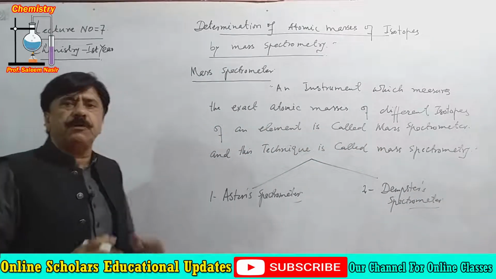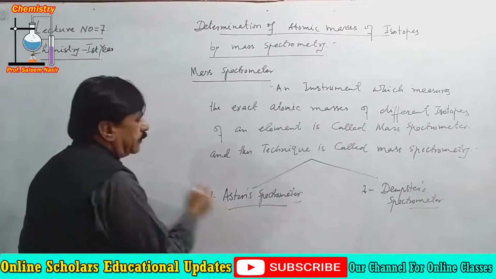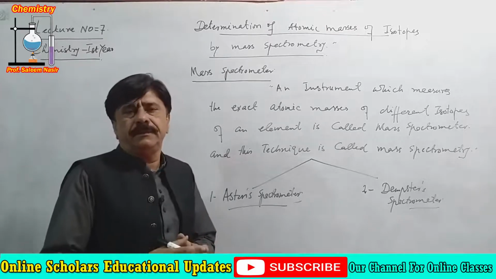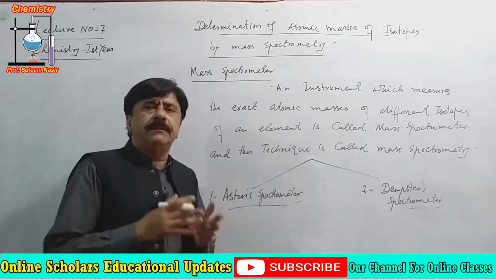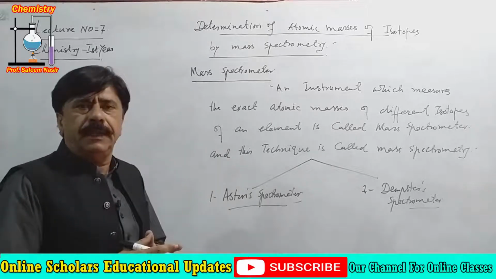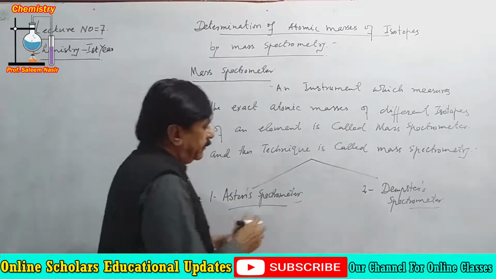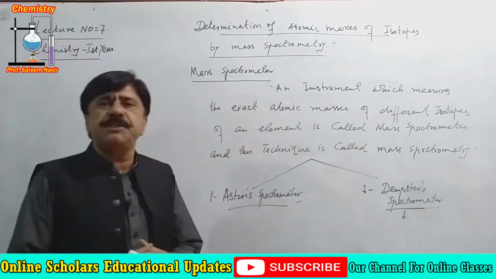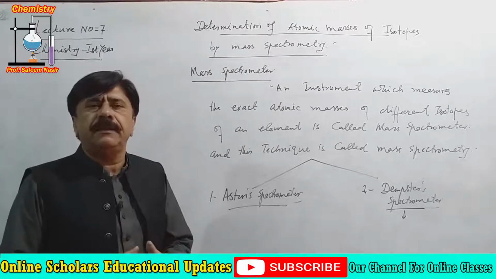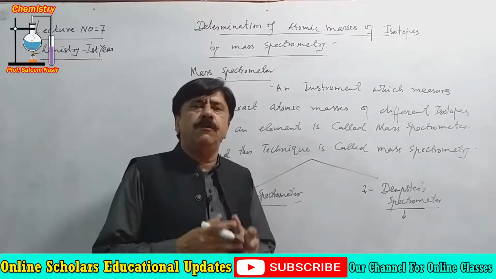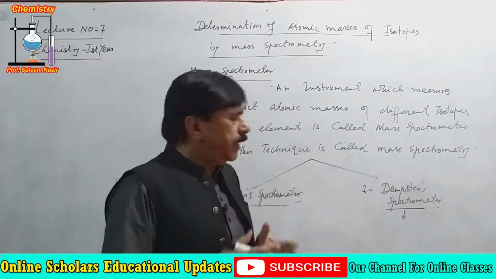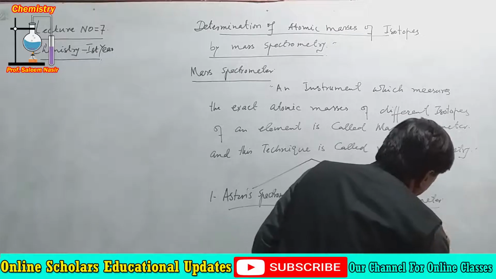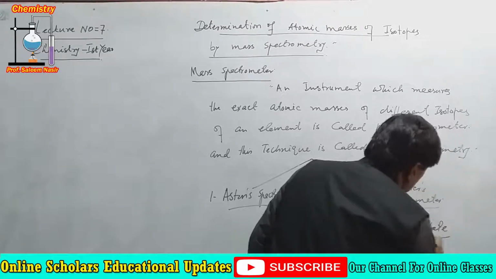Aston's spectrometer is the spectrometer which was used first to identify the different isotopes of an element, and the Dempster spectrometer is designed to identify the different isotopes of an element which exist in the solid state.